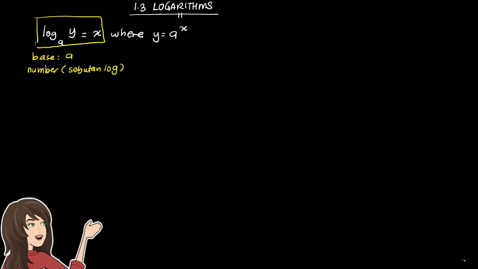Both of them must be greater than 0. That means it cannot be negative. It must always be positive. So when you solve your equation, if you see the log in this form, for example like this, it is wrong. You cannot solve it, so it is undefined.